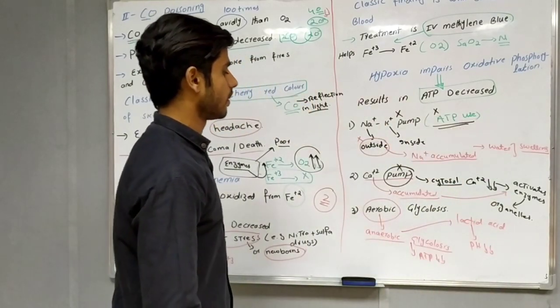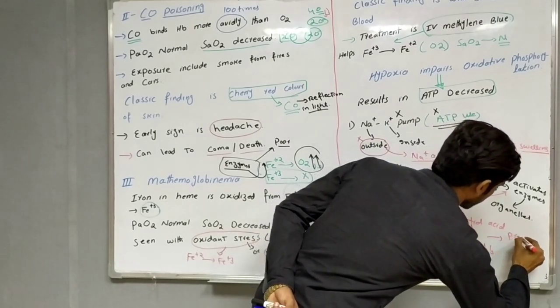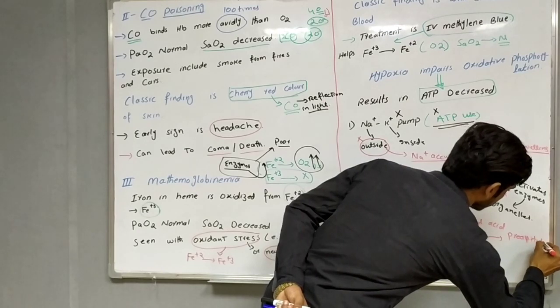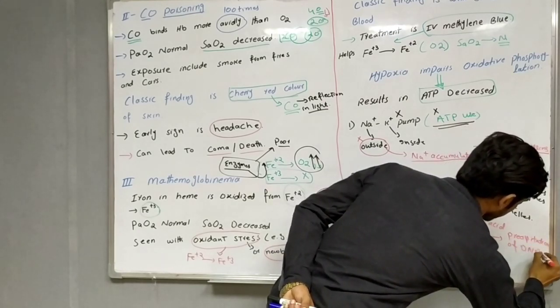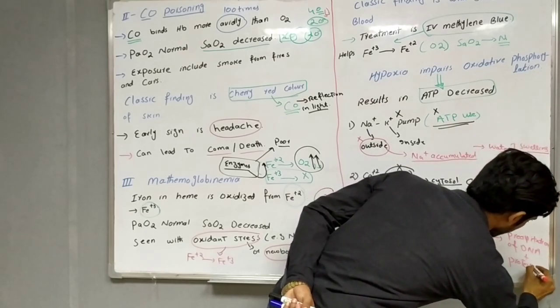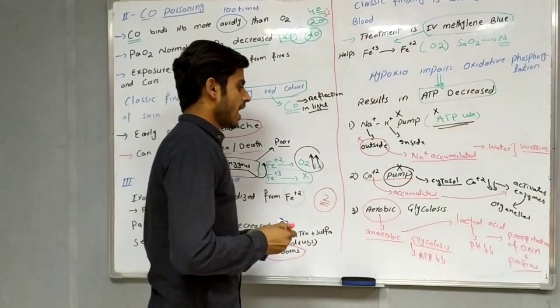When the pH of the cell decreases, it will cause the precipitation of DNA and proteins, and this precipitation of DNA and proteins is also a sign of cellular injury. What was the third one? The third one was aerobic glycolysis.